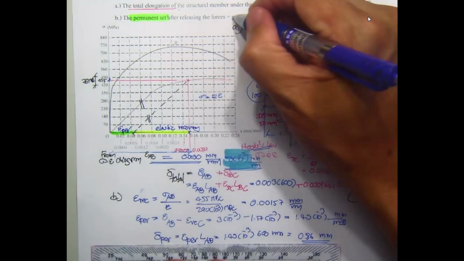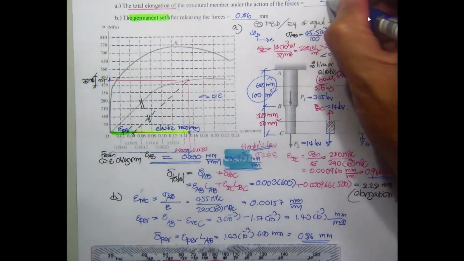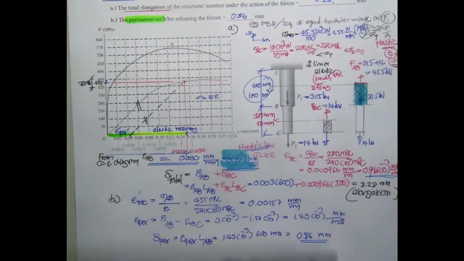Okay, this is 0.86 and this is going to be 2.28. You should get 10 points. This one you have learned 2 times already. Right? If you lost that point, it's okay. It's still the learning process.